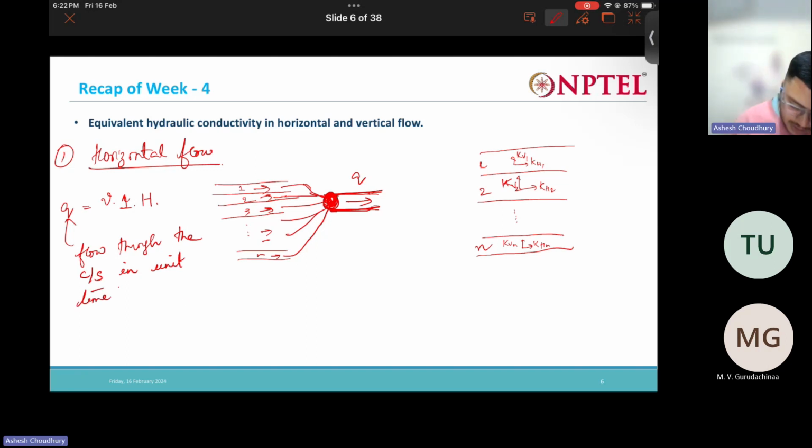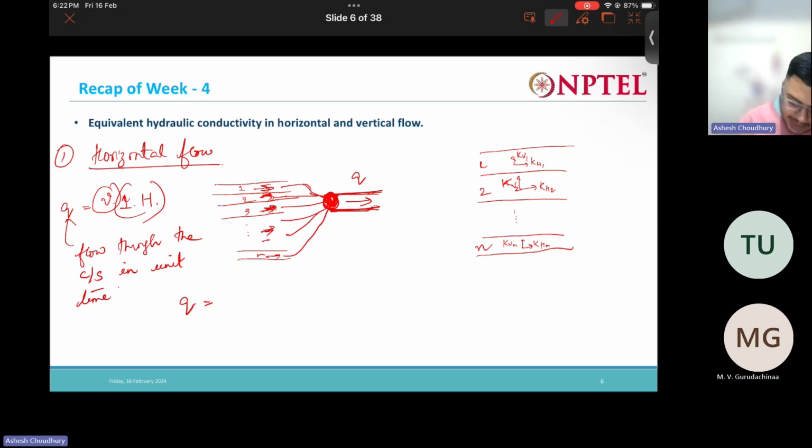Now this total flow comprises the flow from all these small pipes, isn't it? So we can write this for each of these pipes: velocity into area.